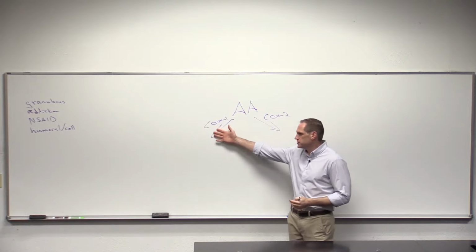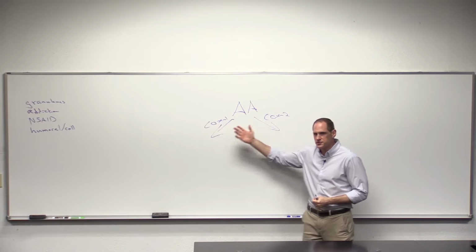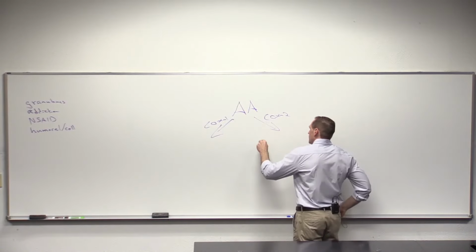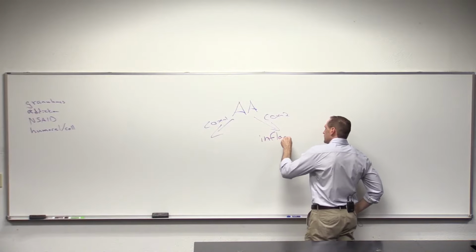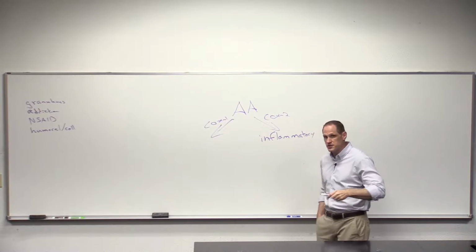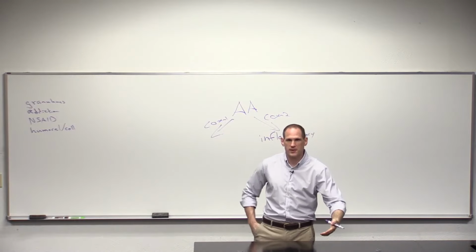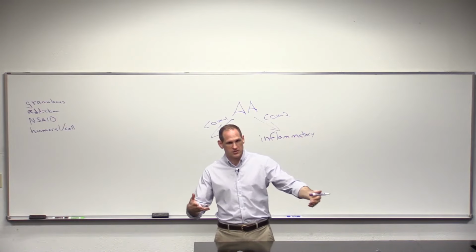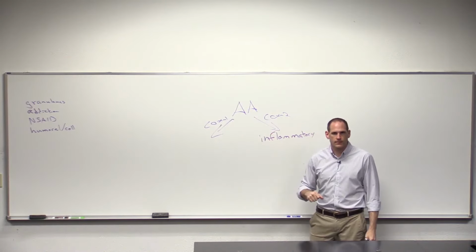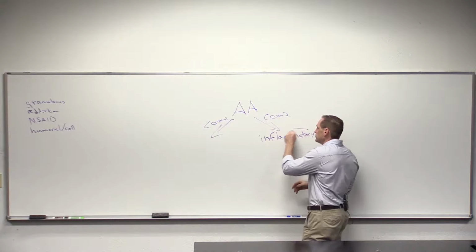Does COX-1 lead to inflammatory prostaglandins, or does COX-2 lead to inflammatory prostaglandins? COX-2. So when we give NSAIDs for the purposes of reducing inflammation, reducing fever, and reducing pain, which of these 2 pathways are we wanting to target? We're wanting to inhibit COX-2.